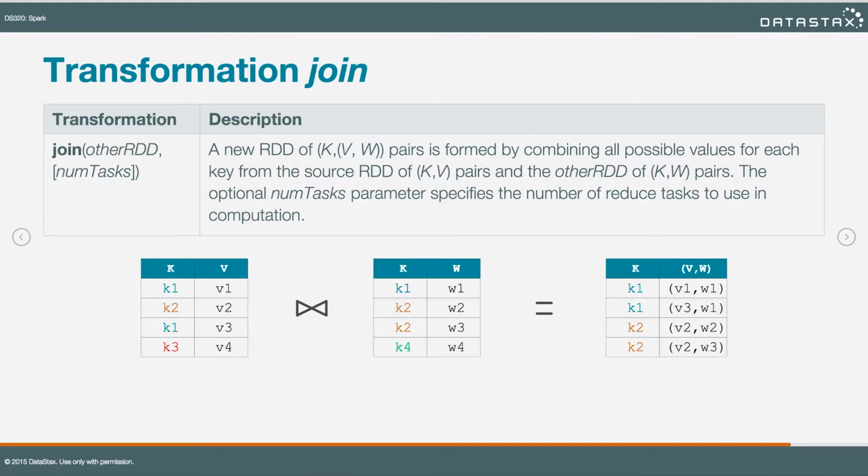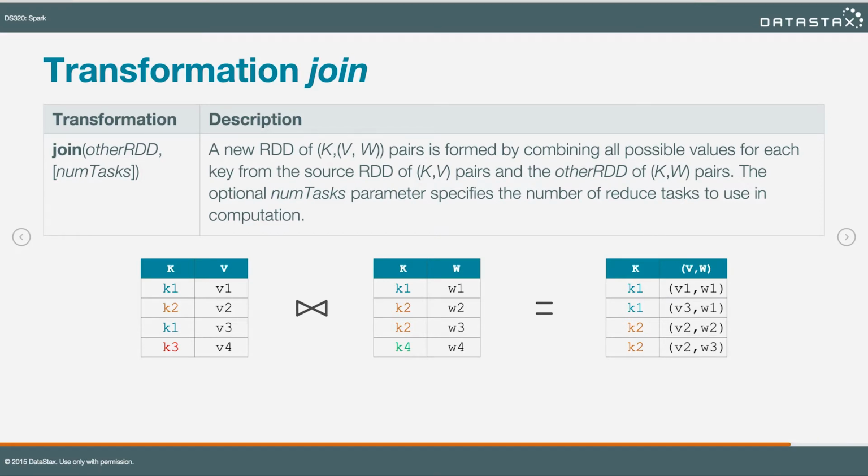The join transformation performs a standard inner join. If you know relational databases at all, and you probably do, this behaves exactly the way you'd expect. We call join on one RDD, passing in the RDD that we're joining, and it will look for keys that have the same value, and it will create a new RDD containing records of those keys and collections of the values it finds.